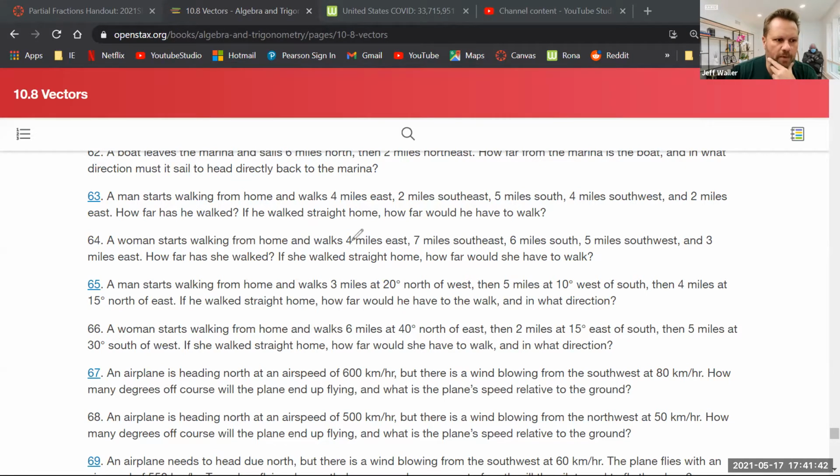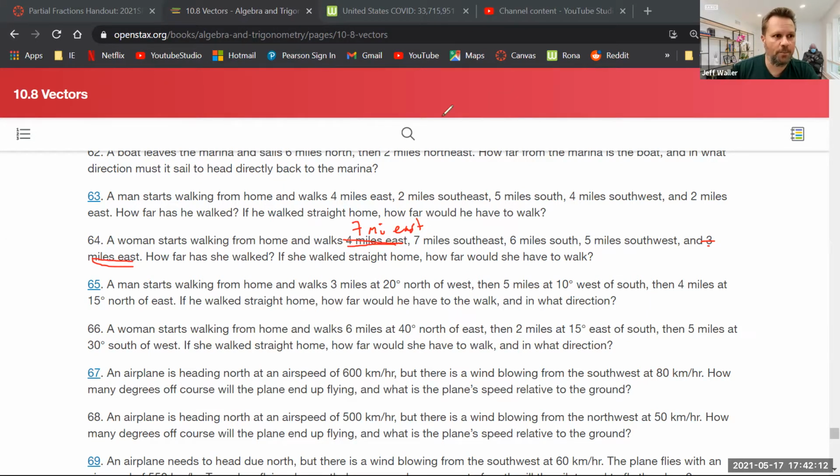Do you guys see 4 miles east and 3 miles east in the same direction? So couldn't I just erase this and erase this, and then I've got one vector that represents both of those, 7 miles east. Do you guys understand so far? If at some point you go 4 miles east and then at some other point you go 3 miles, you went 7 miles east, right?